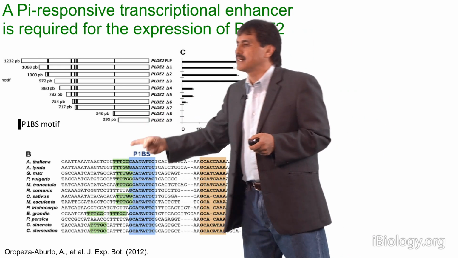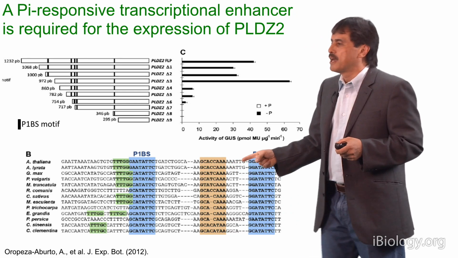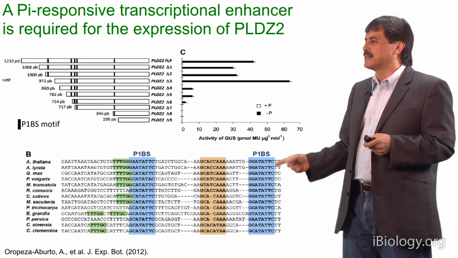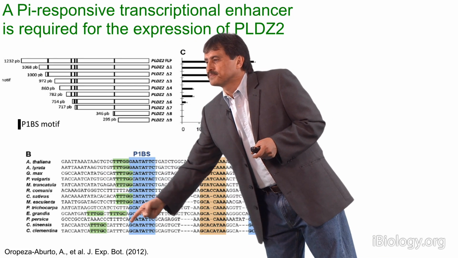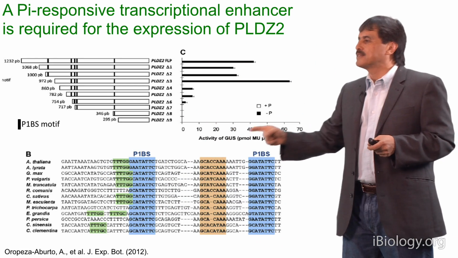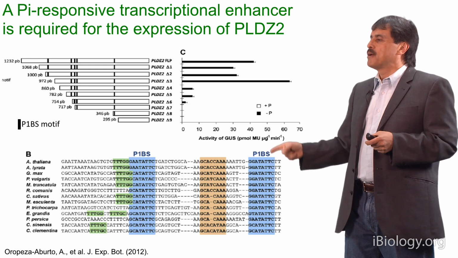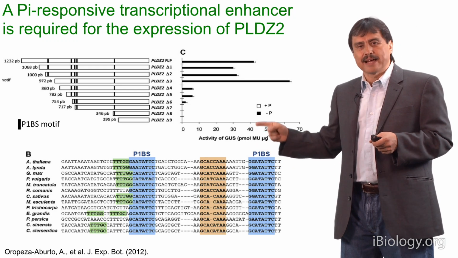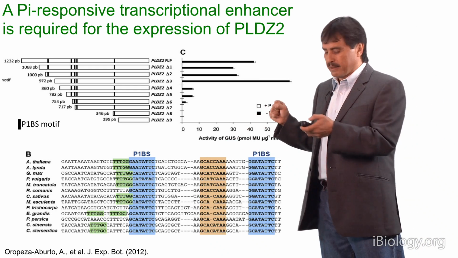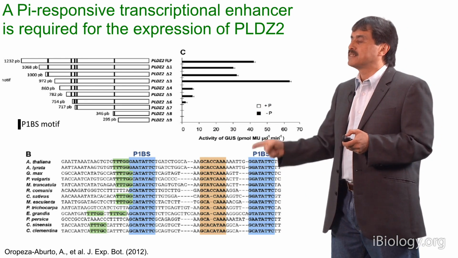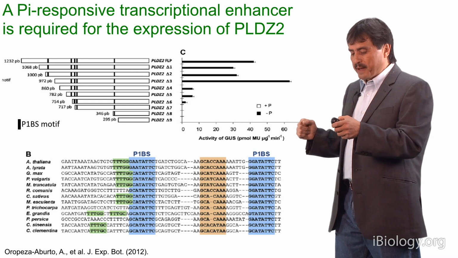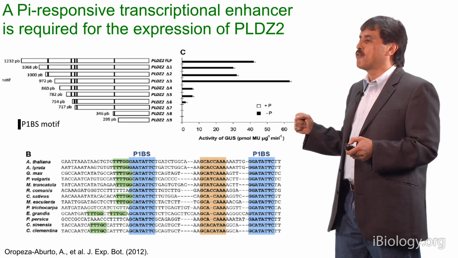And this enhancer element is constituted by specific signals that are conserved between many plant species. And this contains a site that is called PHR1 binding site. And I will explain what PHR1 is in a few moments. So these elements are required for the activation of genes that are responsive to low phosphate.